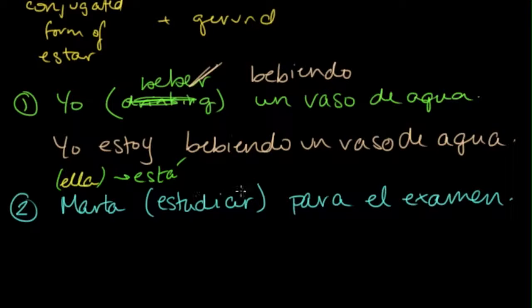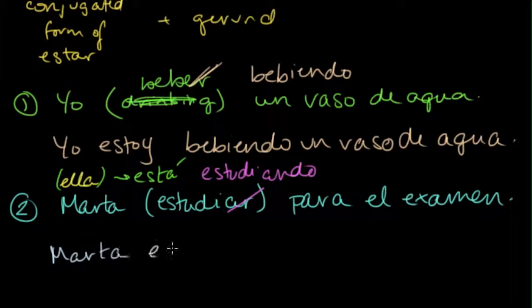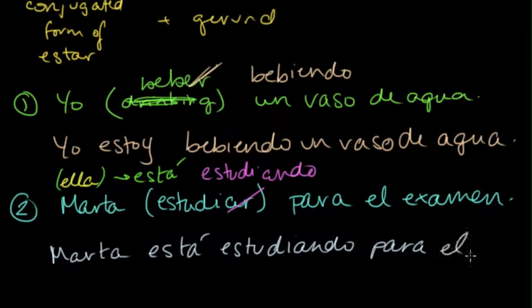Then we need to take the gerund of our main verb. So we take our infinitive, drop the infinitive ending, and add ando because it's an AR verb. So right up here you see that our whole combined compound tense will be está estudiando, is studying. So if we rewrite the whole sentence, we have Marta está estudiando para el examen. At this moment, Marta is studying for the test.